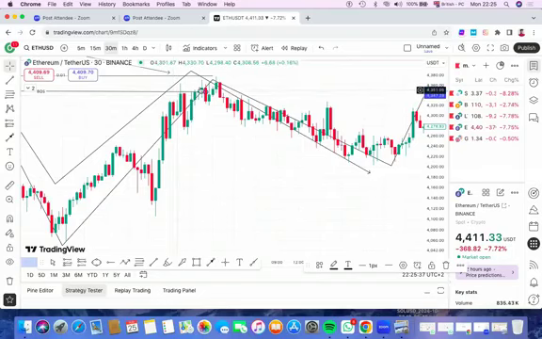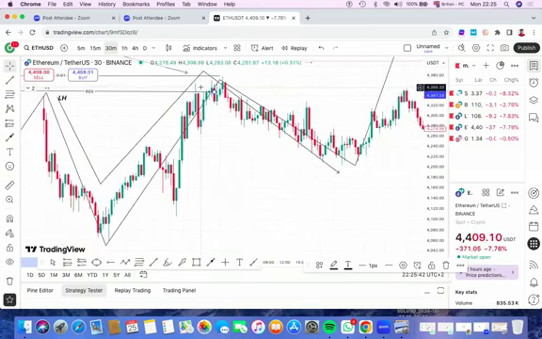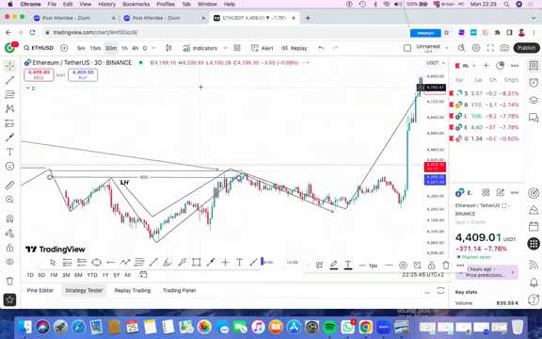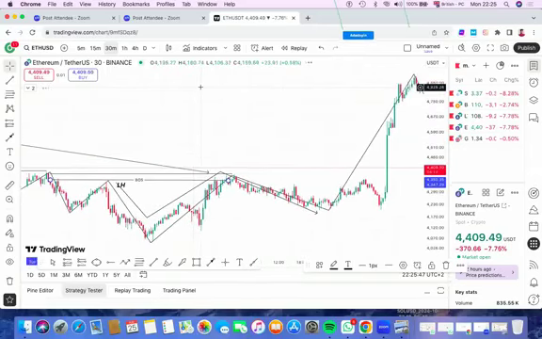Okay, this closed with a wick, but this here closed outside, okay? And there was this pullback leg to the downside.